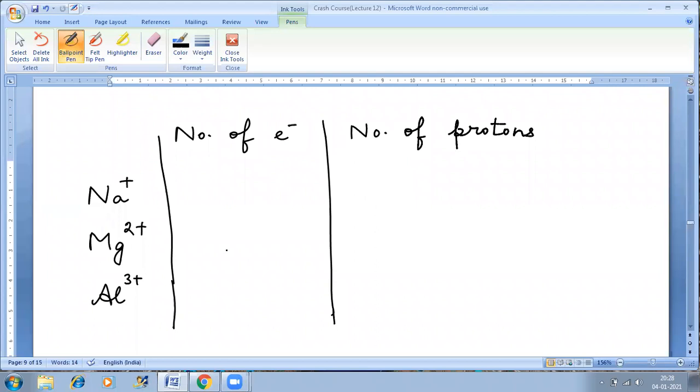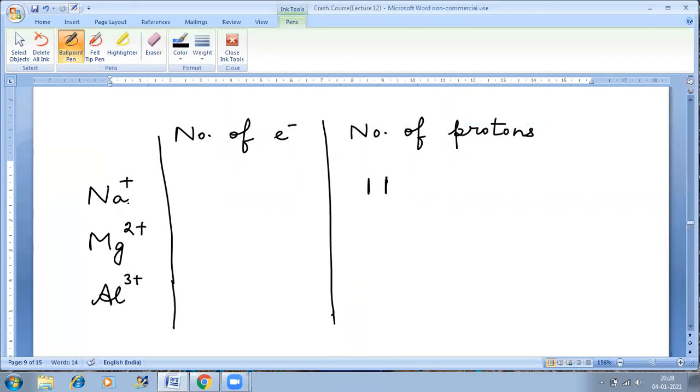So let's calculate the number of electrons. Now the atomic number of sodium is 11, so the number of protons is going to be 11. Atomic number tells you the number of protons. And 11 is also the number of electrons present in a sodium atom. But this is not a sodium atom.